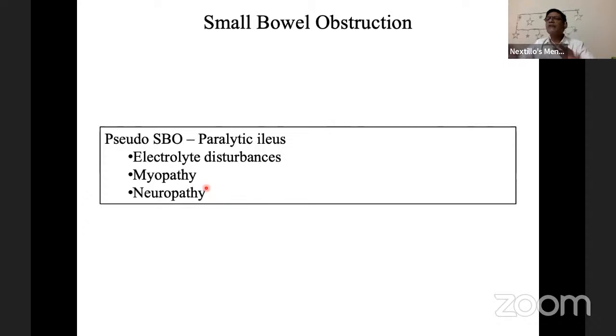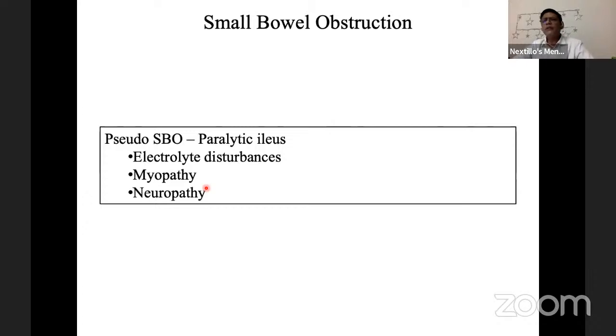So that means there are a varied number of causes for the obstruction. It could be mechanical, extramural, intramural, intraluminal, or it could be adynamic, non-mechanical, paralytic ileus, which is further due to electrolyte disturbances or myopathies or neuropathies, things like that.